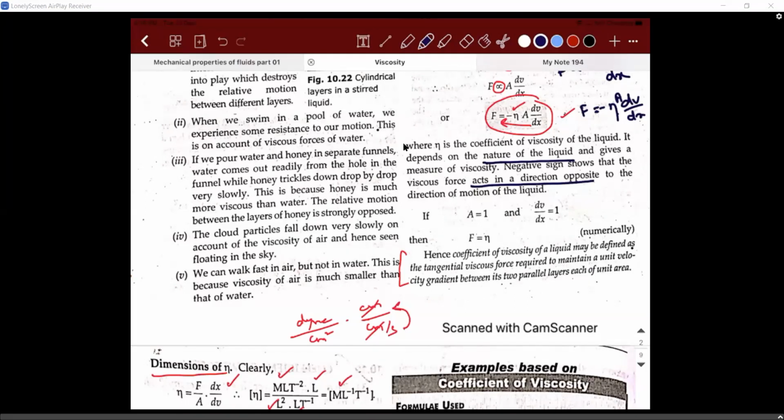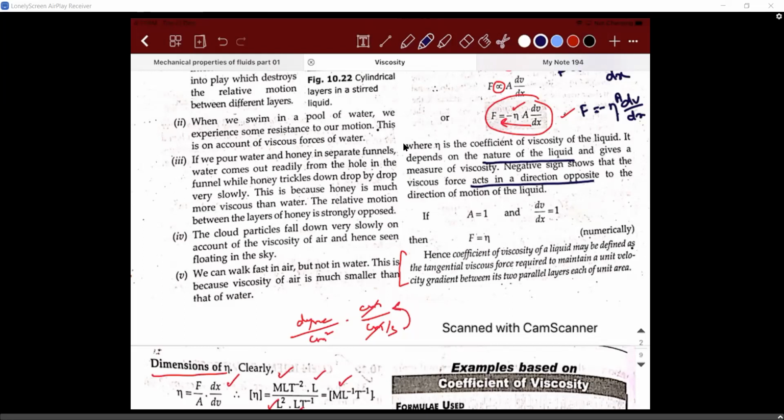So from this, let's write down the definition. So coefficient of viscosity of a liquid may be defined as what? As the tangential viscous force required to maintain, and I'll read it out, please write it down. Coefficient of viscosity of a liquid may be defined as the tangential viscous force required to maintain a unit velocity gradient.